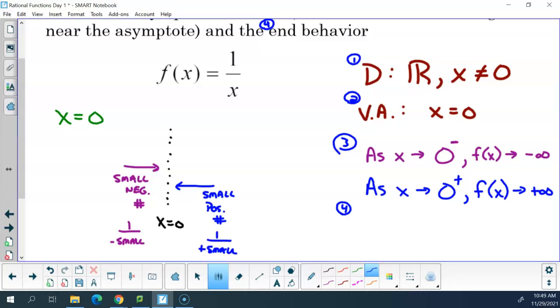The last thing we have is our end behavior. So way over here now, x is going off to infinity. So I have 1 over a huge positive number.